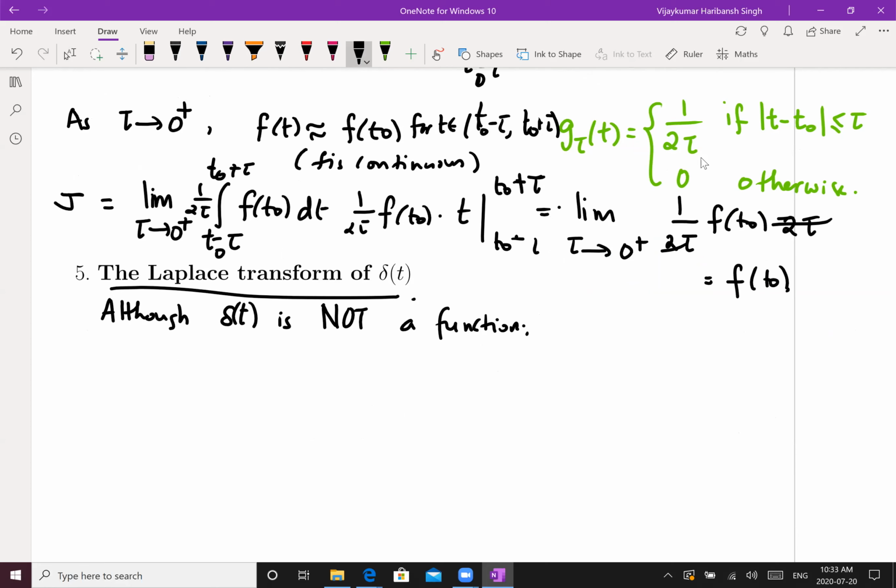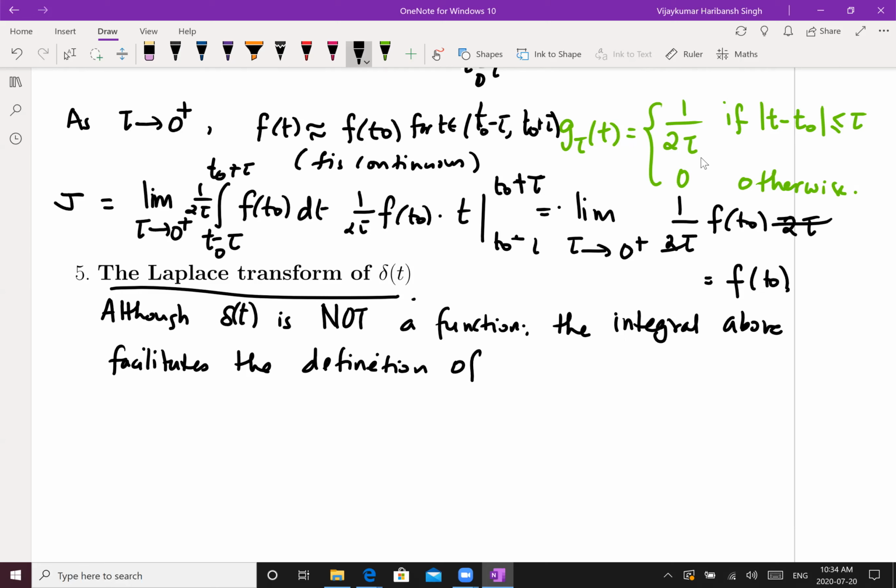The integral above facilitates the definition of the Laplace transform.